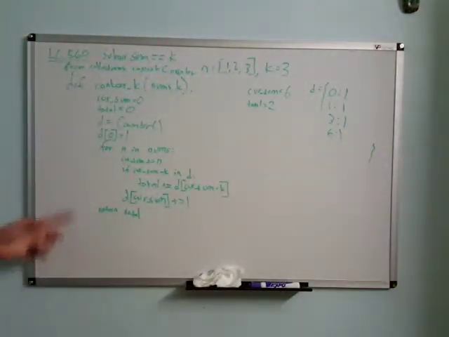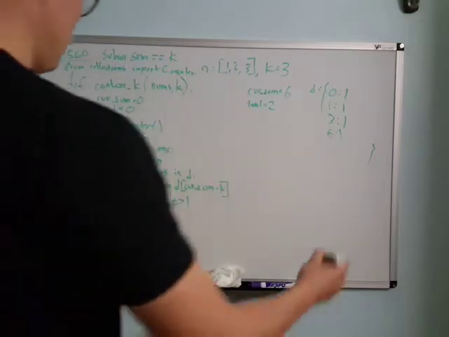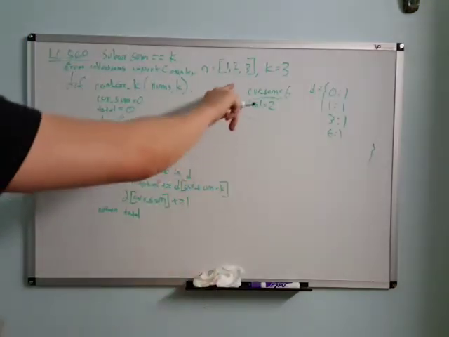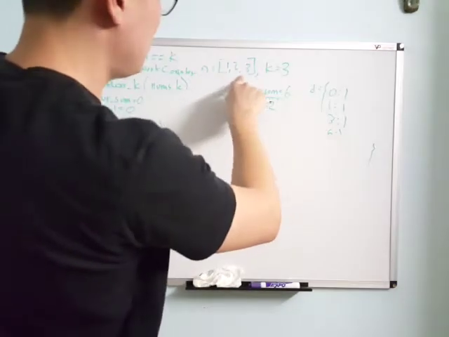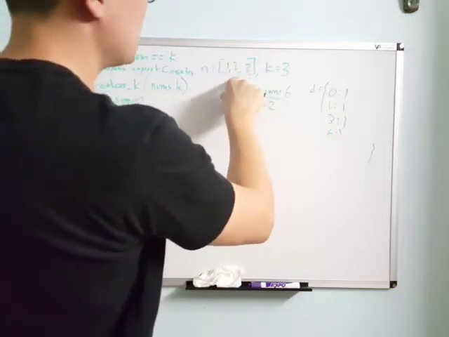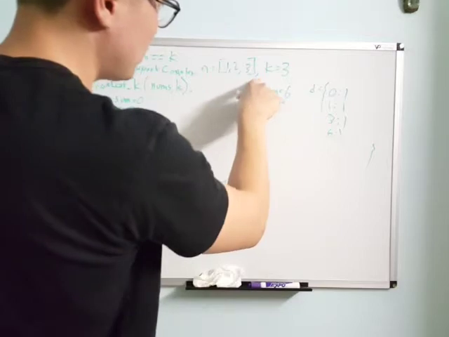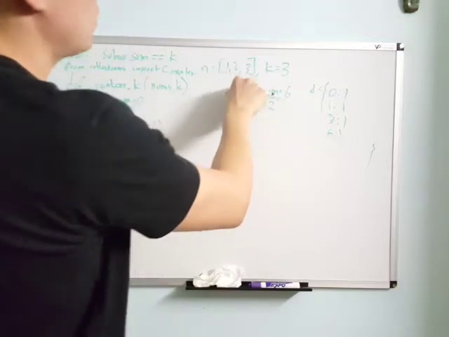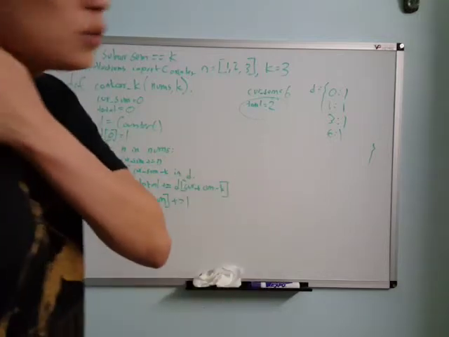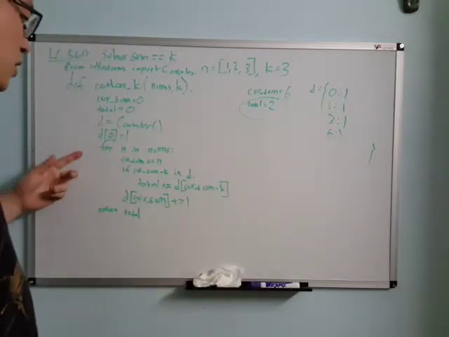And then we return total since we've iterated through all of nums. As you can see, out of all the continuous arrays, 1 and 2 is equal to 3, 2 and 3 is not, 1, 2, 3 is not, just 2 is not, just 1 is not, but 3 is. So the total here is 2. So that is our solution.